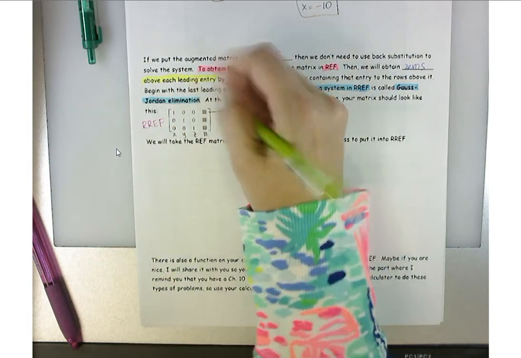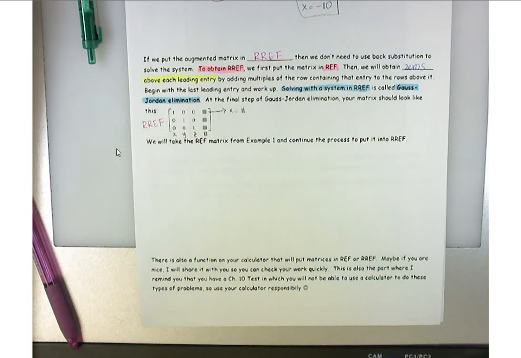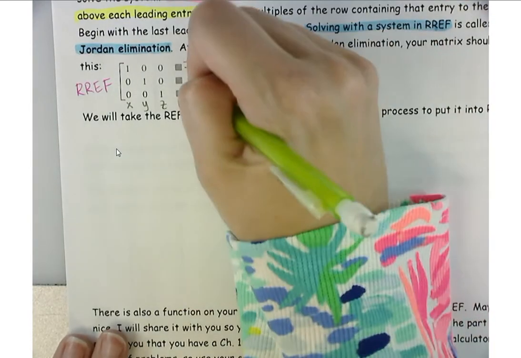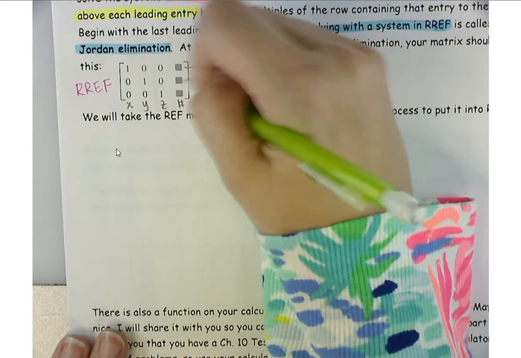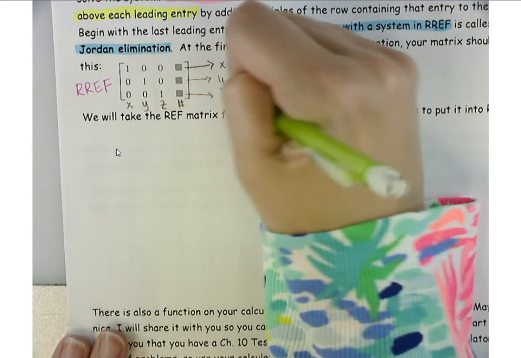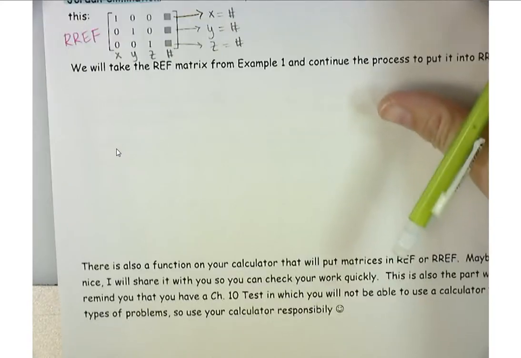This tells you x equals whatever number you have in your last column. This row only has a 1 for y, so y is equal to that number in the last column. And the third one gives you z is equal to that number. So it's very simple to pick out your solution.